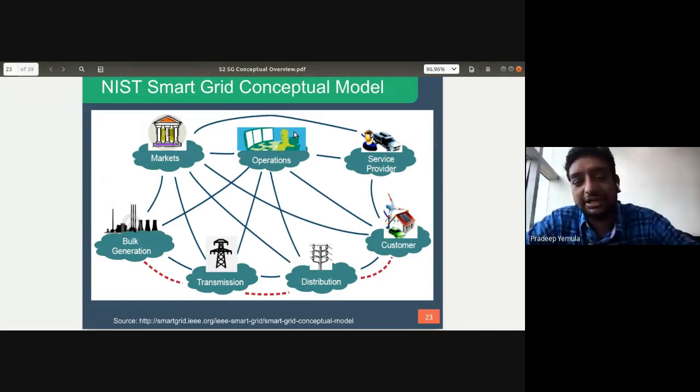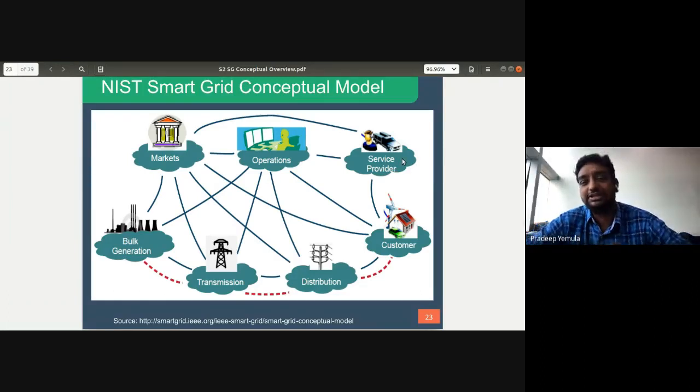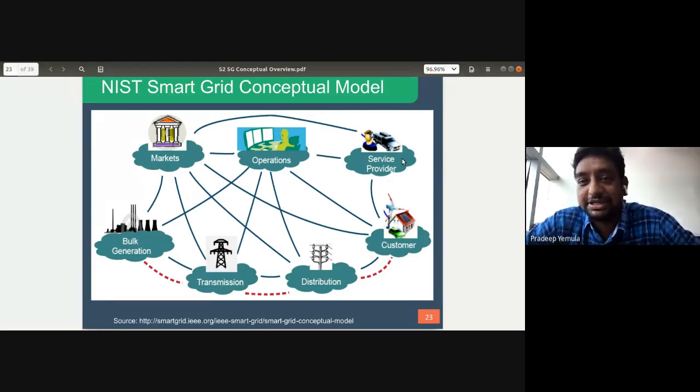They will operate it and give the control action. Services means when there is a problem, when you want to replace old equipment with new equipment, or install a new transformer, or change the connections, all that kind of activity comes under services. Some repairs, etc. So this is the conceptual model.